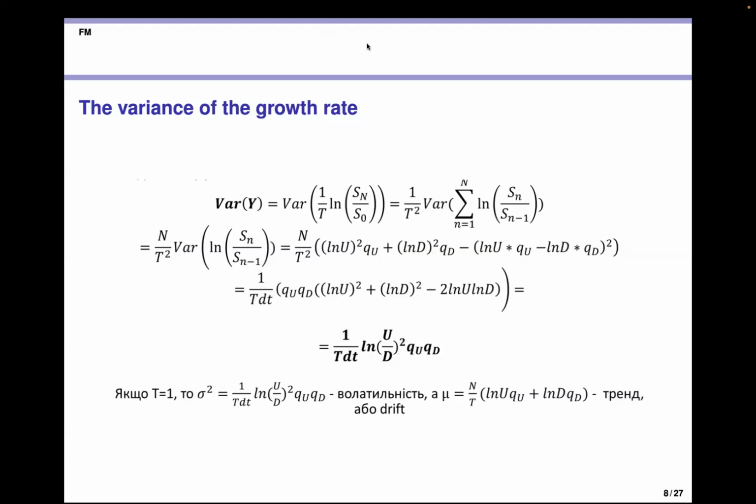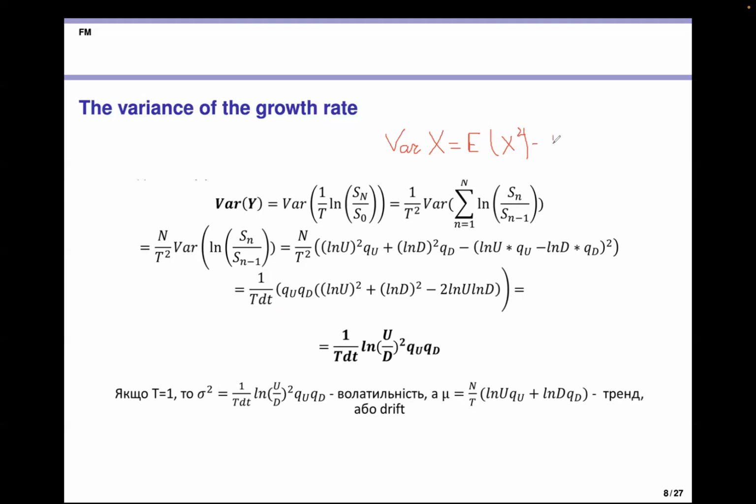But when we find the variance, the formula is, for example, for x, what is the formula from probability theory? It is the mathematical expectation of x squared minus, do you remember?